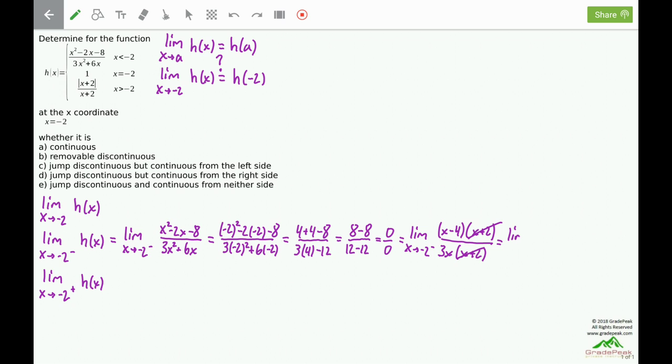We now have the limit as x approaches negative 2 from the left side of x minus 4 over 3x. We can now replace each of the x's with a negative 2. That'll give us a negative 2 minus 4 over 3 times a negative 2. Negative 2 minus 4 is a negative 6 over 3 times negative 2 is a negative 6. A negative 6 over negative 6 is a 1.